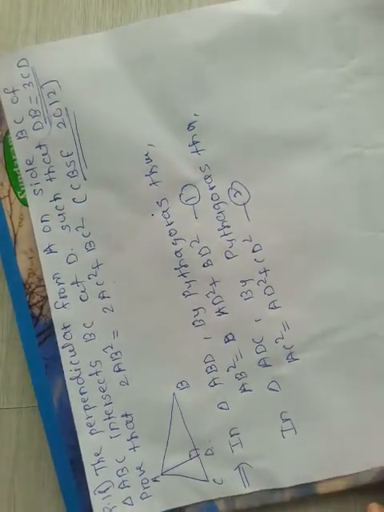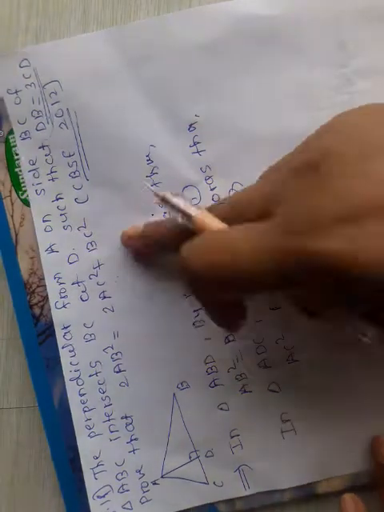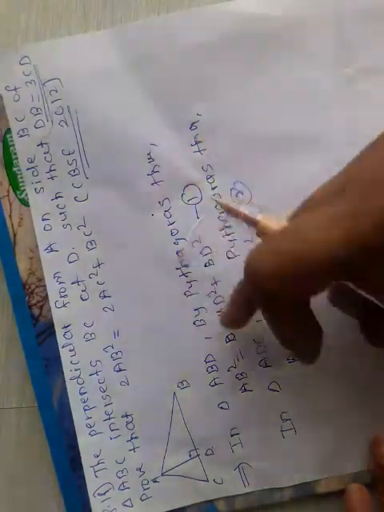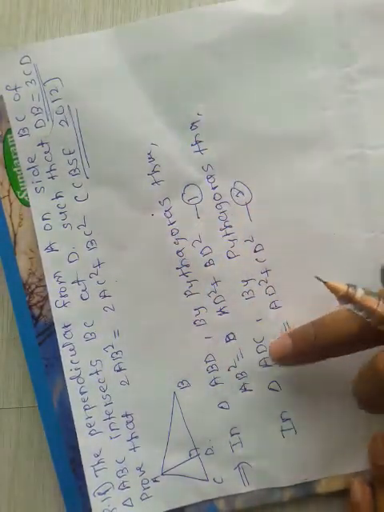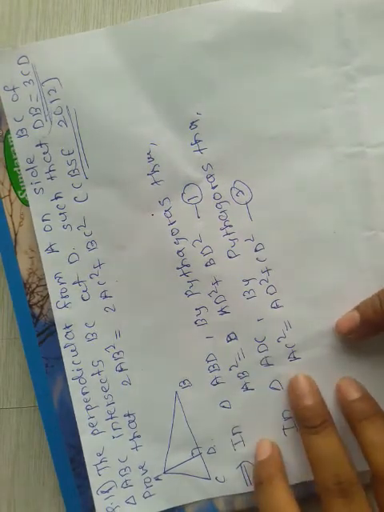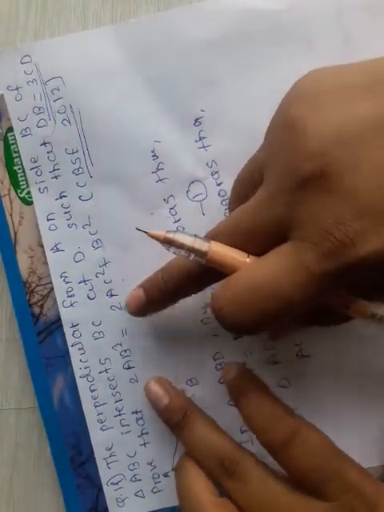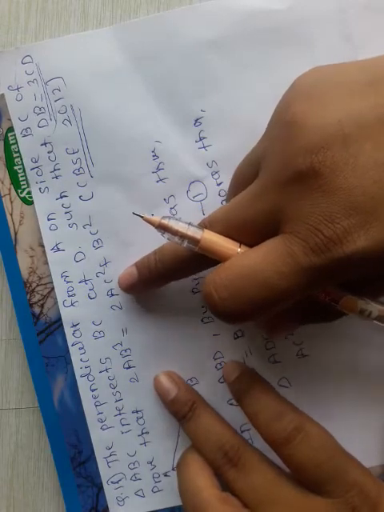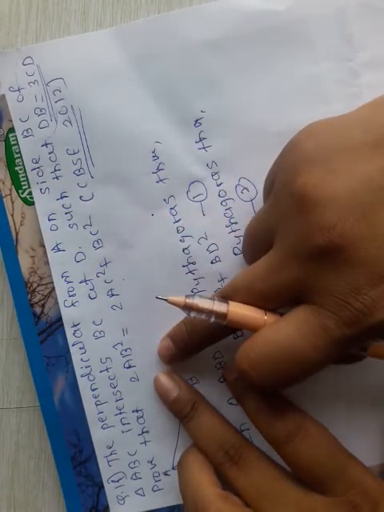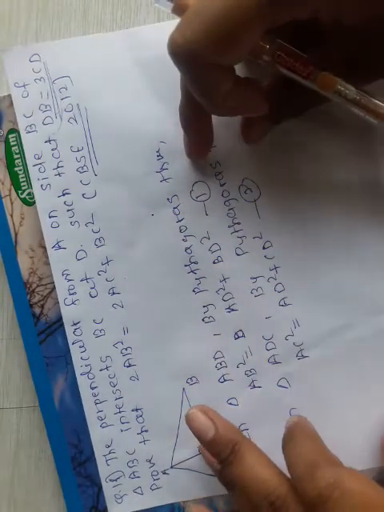Now, AB square is on this side, AC square is on this side. If we subtract equation 1 and 2, then we get this separate term. If we transpose AC square to the LHS, it becomes negative, so we have to subtract them.